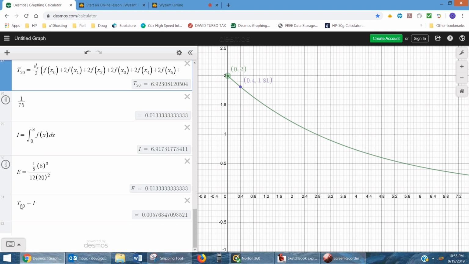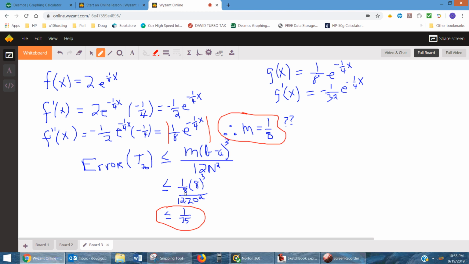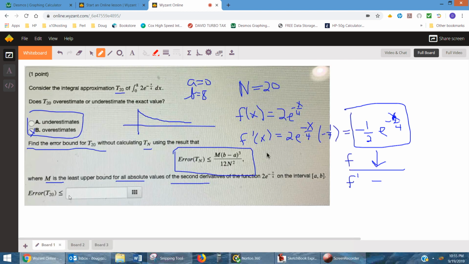And then I calculated T sub 20 using the trapezoidal rule, take away the actual value of the integral, and I get 0.0057, which you can see is less than the error of 1/75. Okay, so that's how you answer this part right here, less than or equal to 1/75.